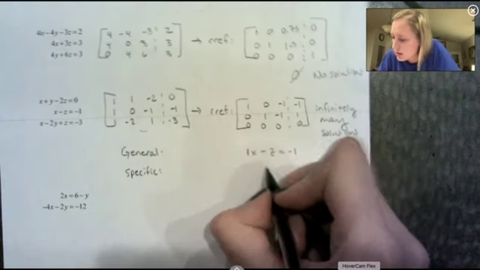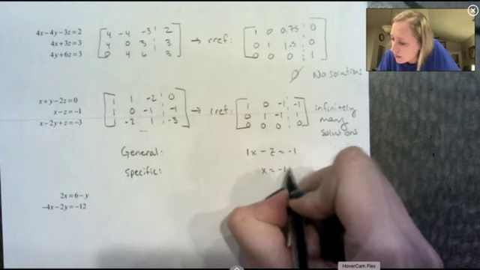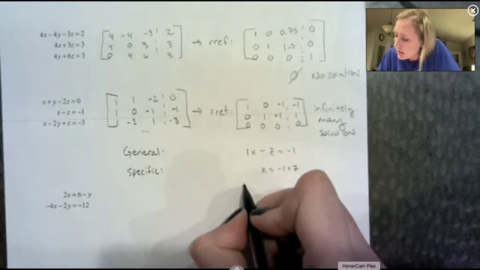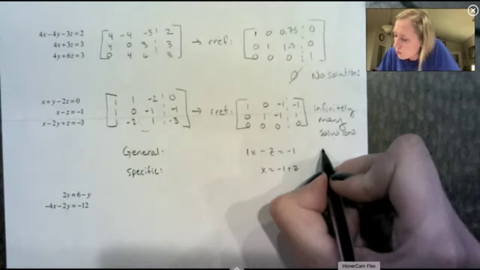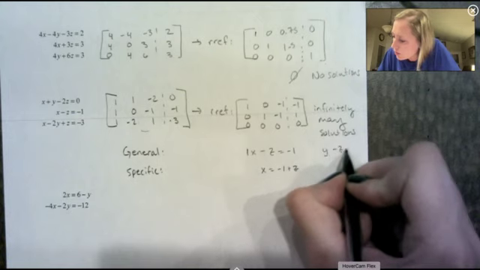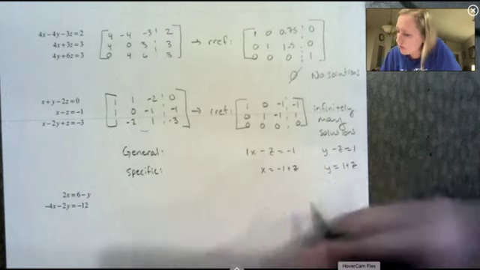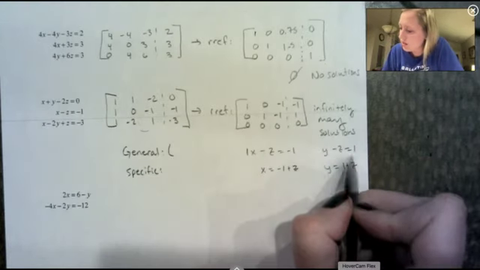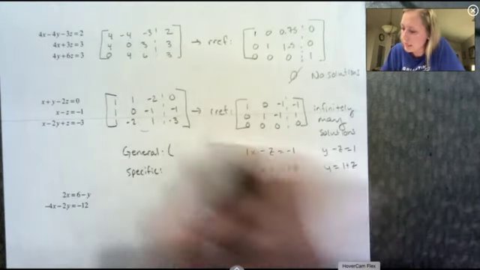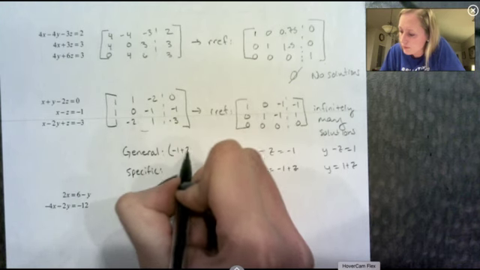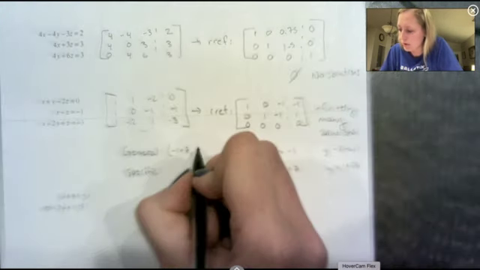Solve for x. So x equals -1 plus z. Second one is 1y minus z equals 1. Add the z. Okay, so general, x is -1 plus z. y is 1 plus z.